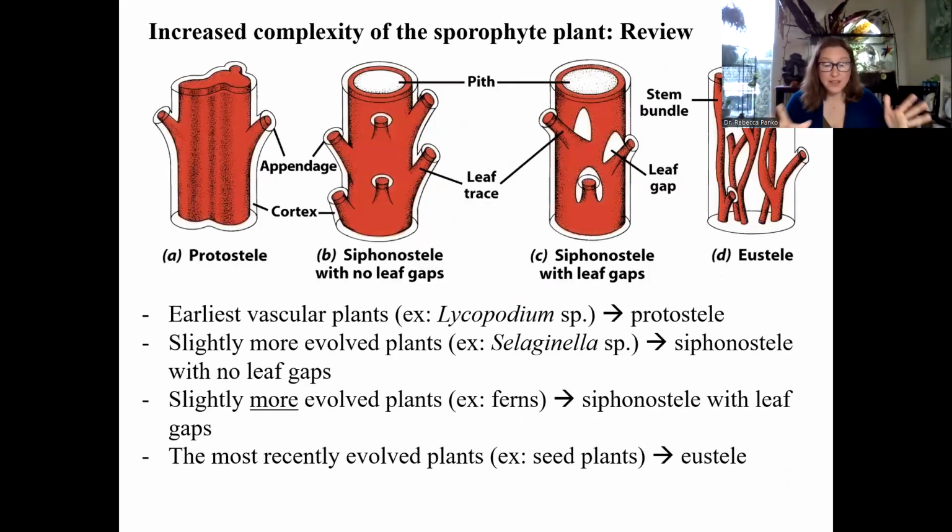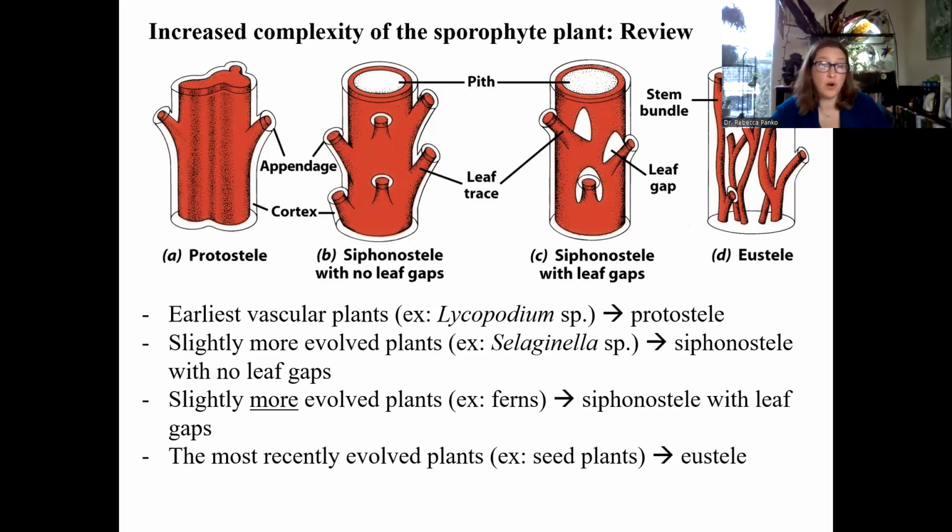And as the tissues get more complex, the way that the xylem and phloem are arranged inside of the plant also becomes more complex. When you start with the stele of Lycopodium, it's that simple, solid protostele. Once you get to Selaginella, you have the siphonostele with no leaf gaps.